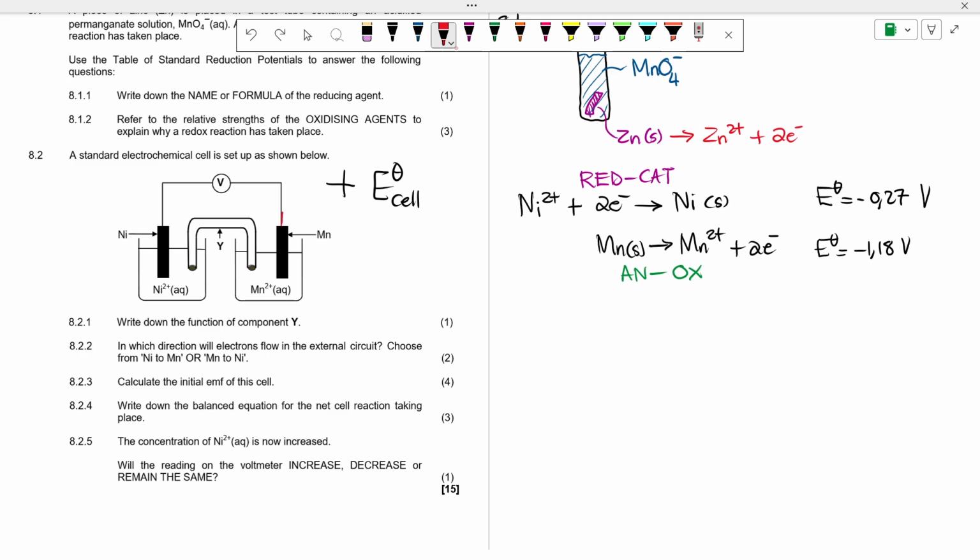So the electrons have to flow from the manganese, go all the way to the external circuit, flow all the way to the nickel side so that the nickel can grab them to become reduced. So we can even talk about which one will gain mass and which one will lose mass. I don't know if that question is there, but it's an important question.